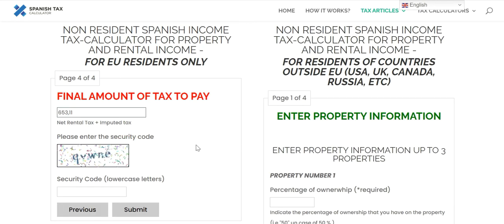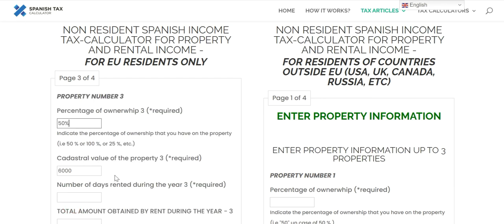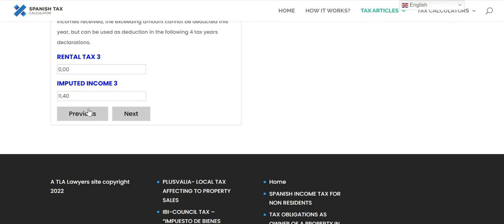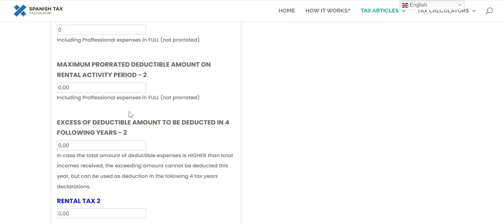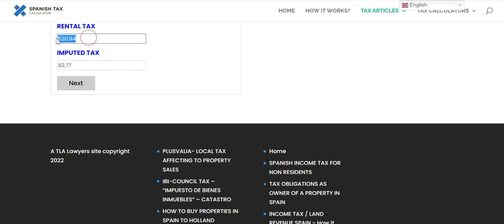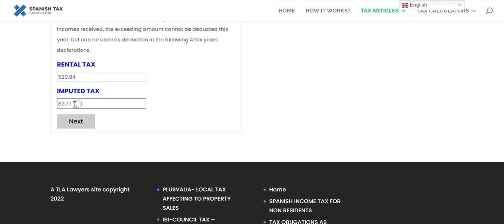If we go straight away, we consider in our calculator we have made the addition of all the taxes: the imputed tax for the shed, the imputed tax for the garage, the rent tax for the rental period in which the property has been rented, and the imputed tax.